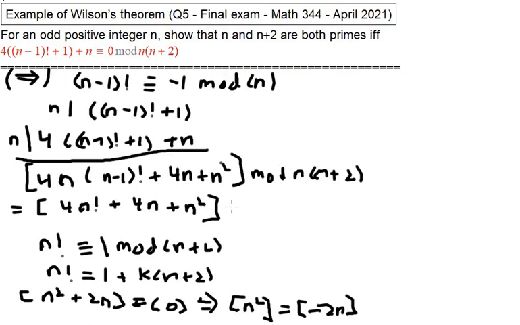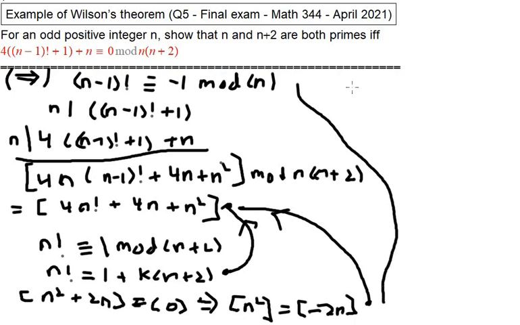Now, take this expression here and plug in this and plug in this. That gives me 4 times 1 plus k times n plus 2 plus 4n, and the n squared gets replaced with minus 2n.